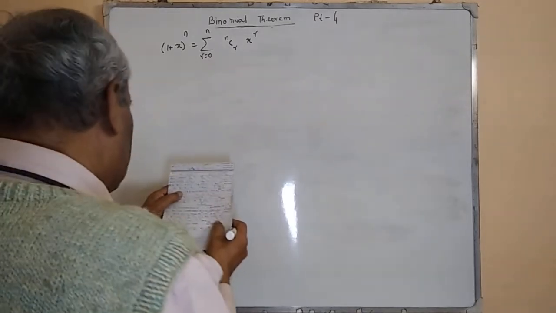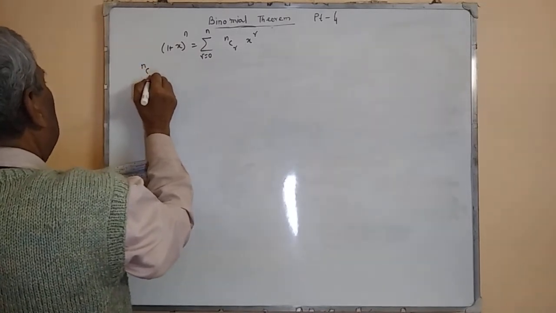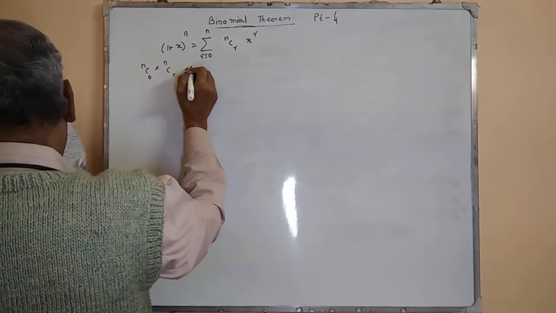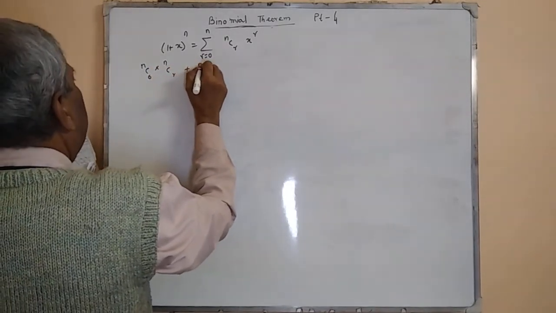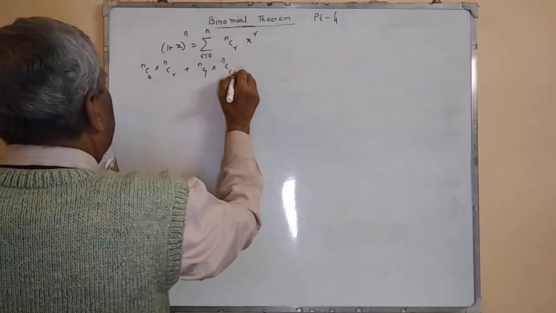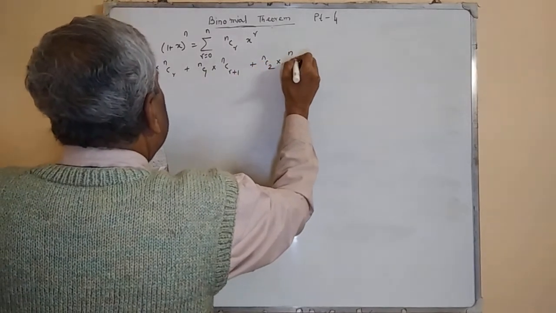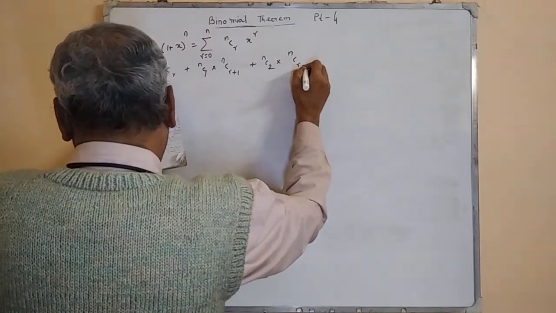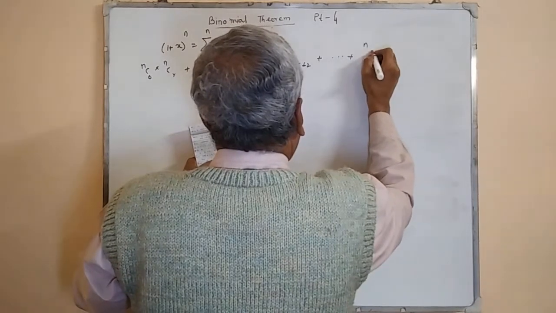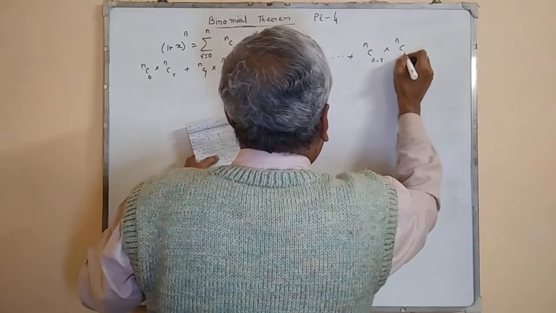then find the value of nC0 into nCr plus nC1 into nC(r+1) plus nC2 into nC(r+2) up to nC(n-r) into nCn.